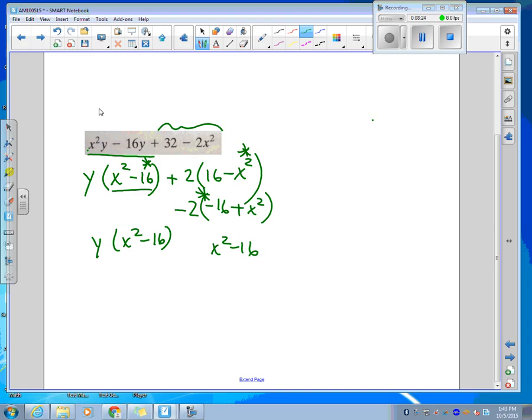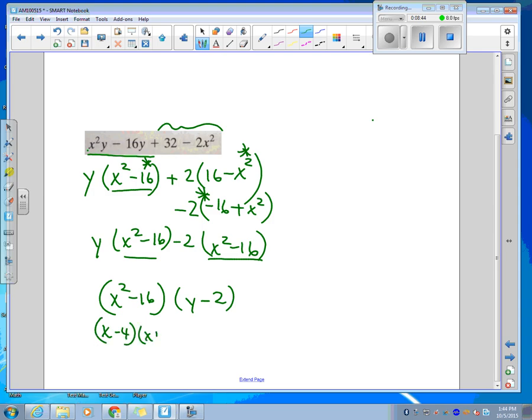So that negative 2 trick was handy because now they match, and I can use that factor by grouping rule to finish that up. Remember, they have to match, or you can't use that. And now this is a difference of squares, so it's x minus 4, x plus 4, and bring down that y minus 2.